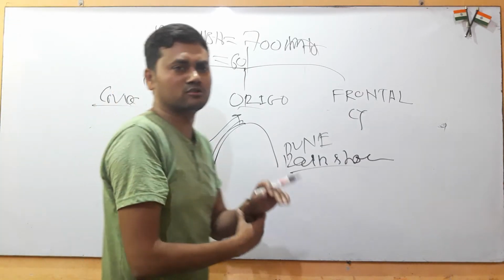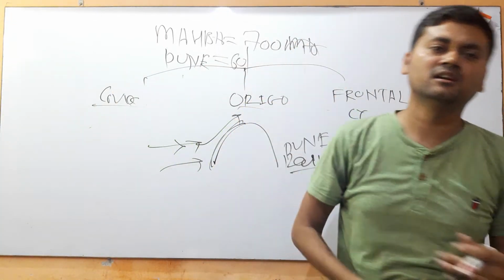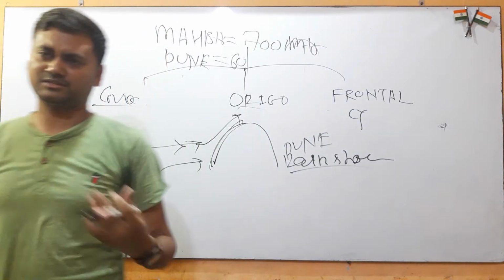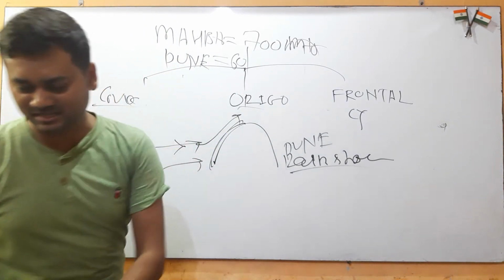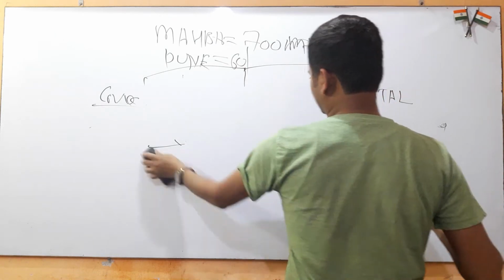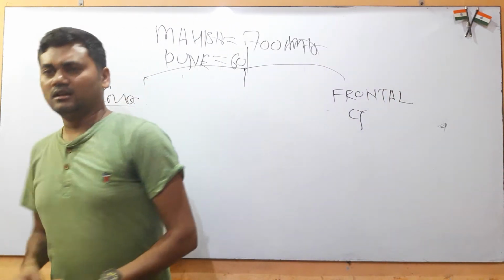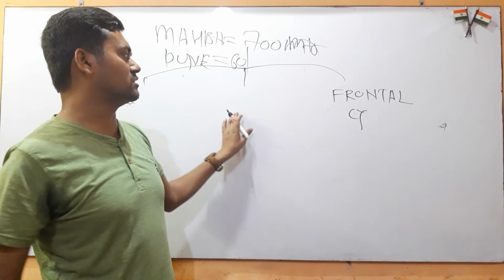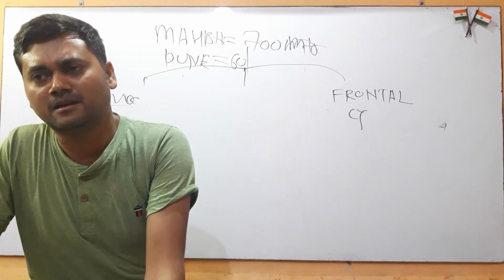So this is the orographic rainfall, which is related with the mountains. Now the third is the frontal rainfall. Let me tell you what the fronts actually are. For understanding the front, you need to understand the air mass.